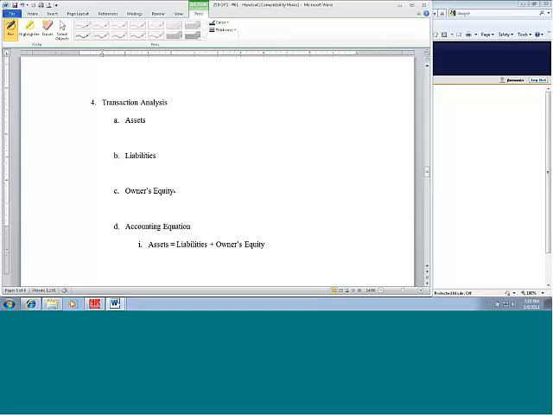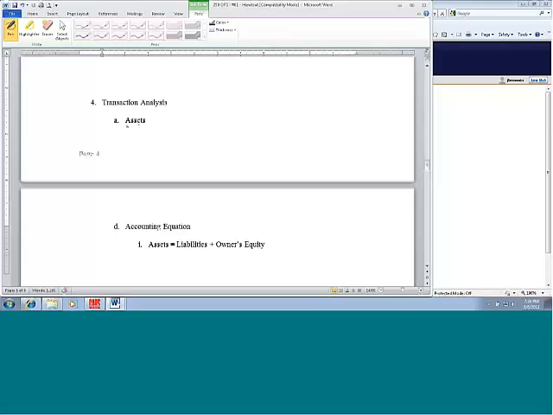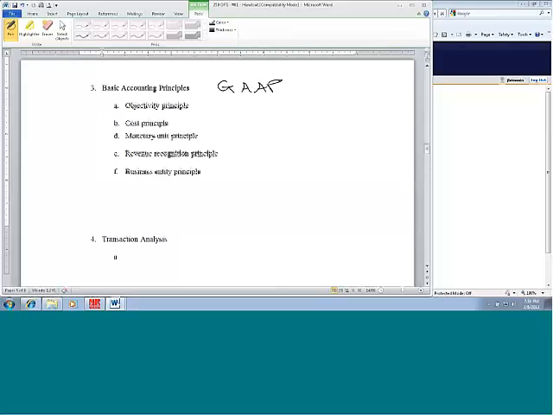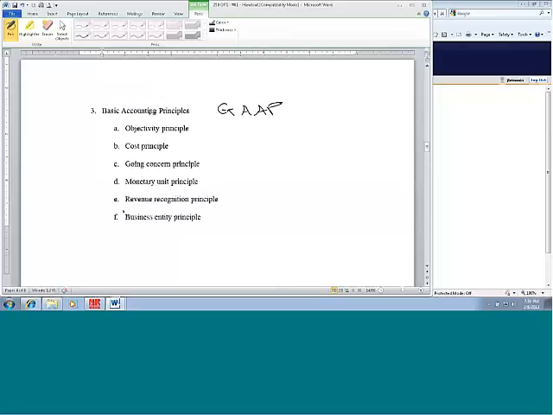So you don't need to know the three-point definition of an asset, but you need to know how to identify an asset and what it represents, those sorts of things. So no need to memorize, just understand. Okay, so that is the same as these definitions. You don't need to memorize these definitions either.